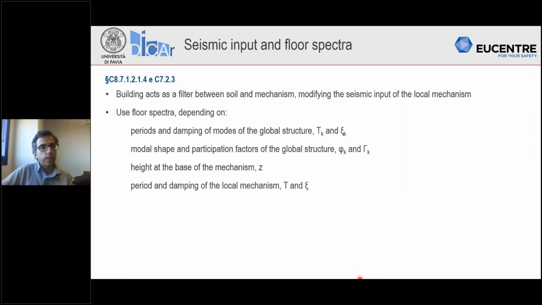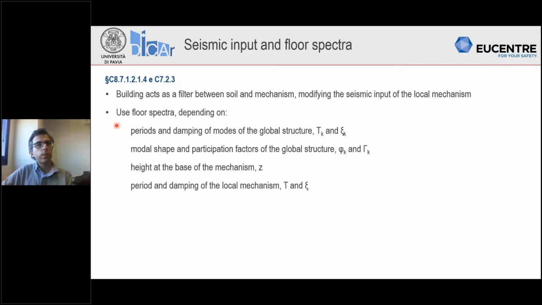Once you have defined the load multiplier, you then have somehow to determine the demand. The demand is related to the seismic input and is represented by the so-called floor spectra. That's because the building acts as a filter between the soil and the mechanism, modifying the seismic input of the mechanism.